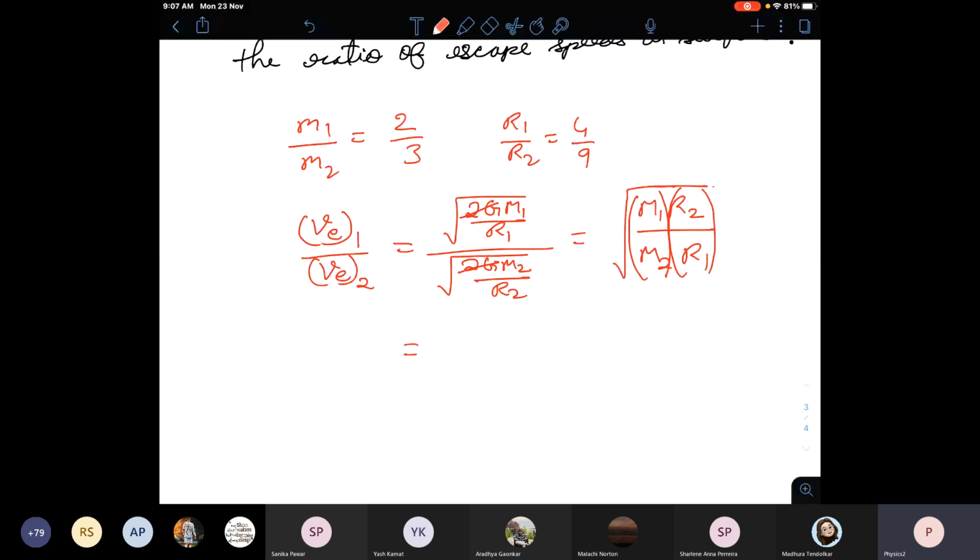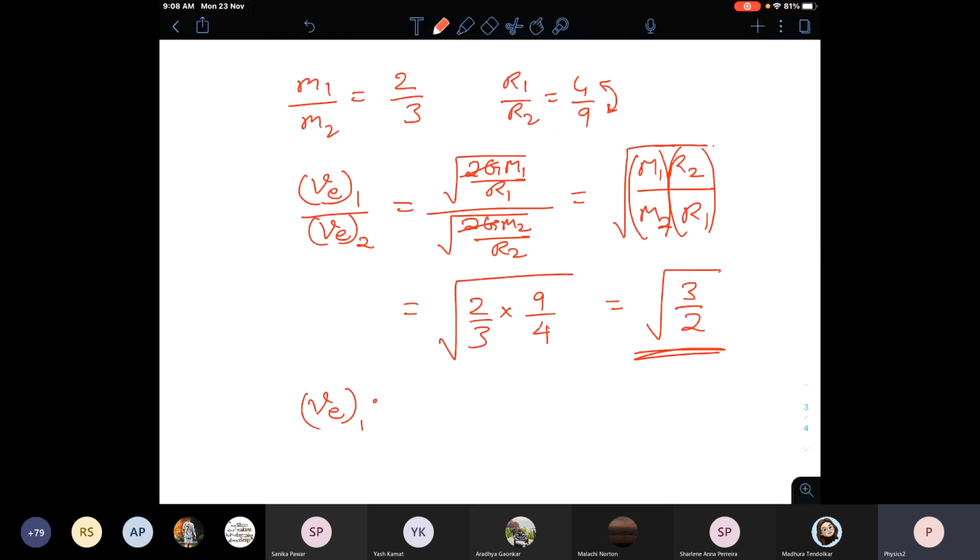So under root of M1 by M2 is 2 by 3, and R2 by R1 is the reverse of this, that is 9 by 4. When you solve this, it comes out to be under root of 3 by 2. This is the final result. If you write it in terms of ratio, it will be root 3 is to root 2.